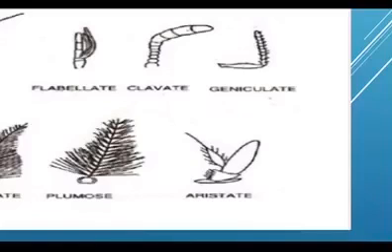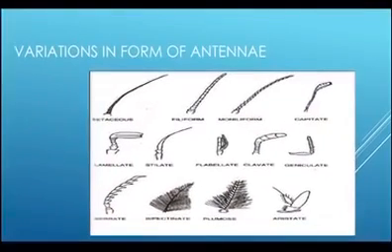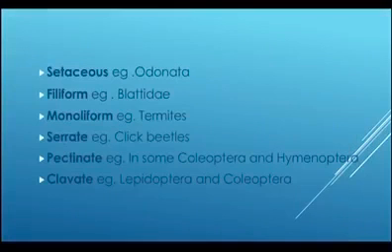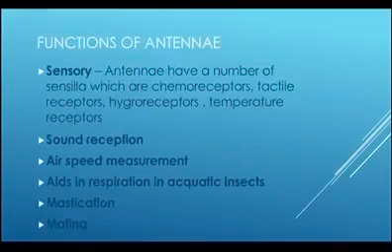So this was the structure of antenna, the various forms of antenna and the variations. Now lastly come the functions of antenna. What are the functions of antenna? The antenna is mainly sensory.